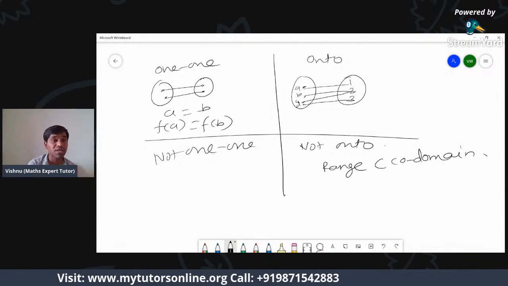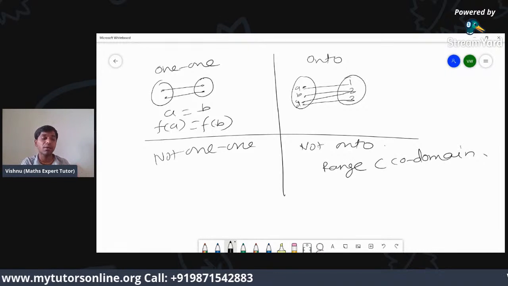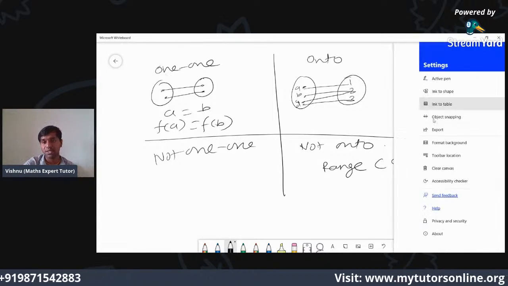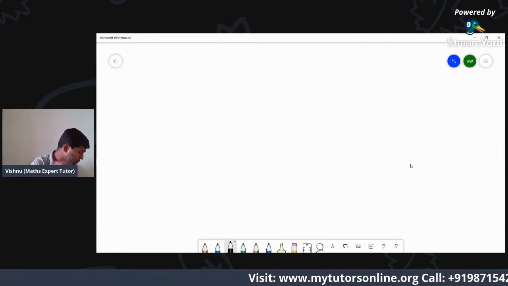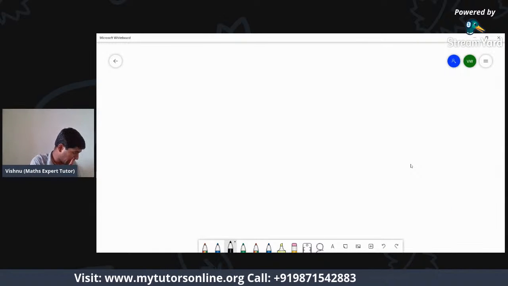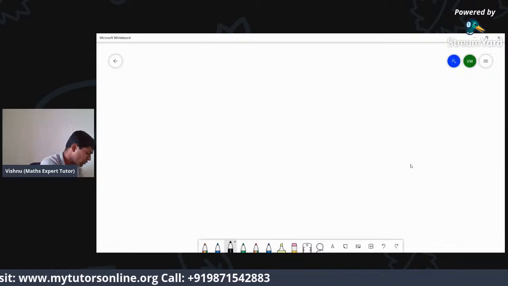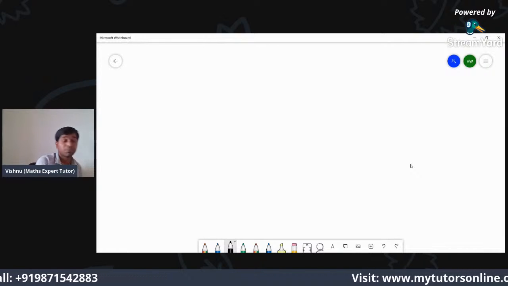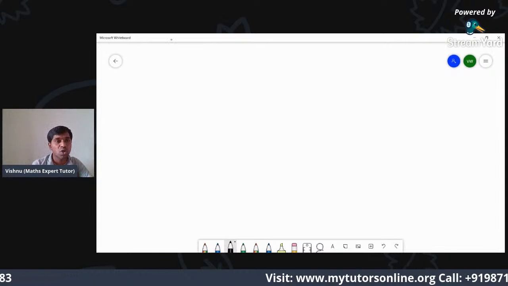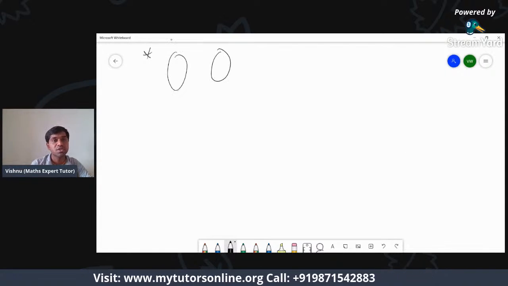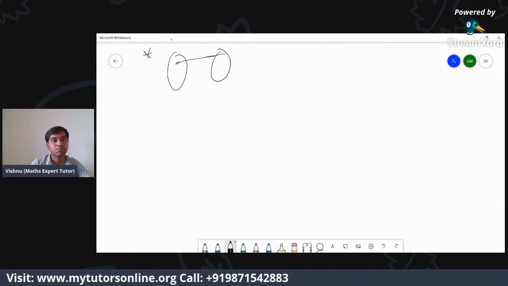What is a one-one function? For each value of set A, there is some value present in set B. I'll just take one example for you. I'll just draw the diagram. You will have to say whether the function is one-one or not.